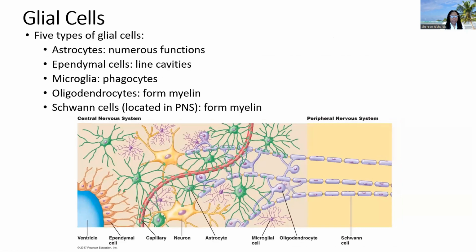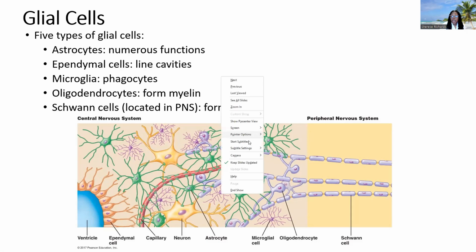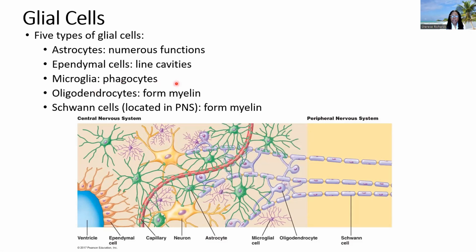Also know the different types of glial cells. So here they are listed, the 5 types of glial cells: astrocytes, ependymal cells, these are important for lining the ventricles and making CSF. Microglia cells are essentially your immune cells. These are the ones that are going to phagocytose inappropriate substances or pathogens in the nervous system.